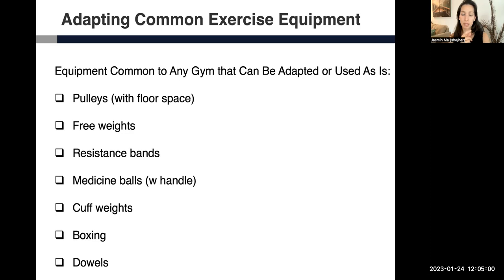If there's a space there with pulley equipment and there's enough open floor space for a chair, I'm looking to see if they have free weights or resistance bands, if they have medicine balls, if they have handles for anyone who might have difficulty with grip. Likewise, cuff weights can be a great supplement if someone has difficulty with grip. Boxing and dowels are nice examples of things that we can use in a gym space. That's a nice way to get some aerobic activity.